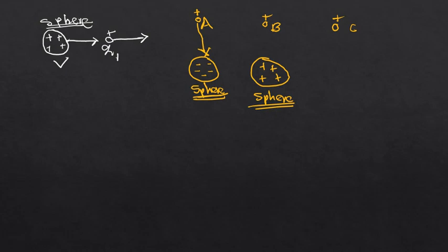So B is going to feel a force of repulsion in this direction. And of course you can try out this one, and it's not different from B, but then we can try it for practice sake.